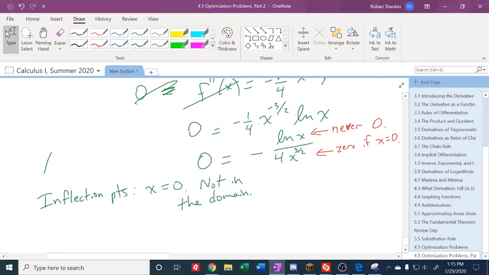E to what power? Could... Yes. I don't know if this is wrong. I got an inflection point also. Can't, if x is 1, wouldn't that set the numerator to 0? Oh, you're right. I did not see that.